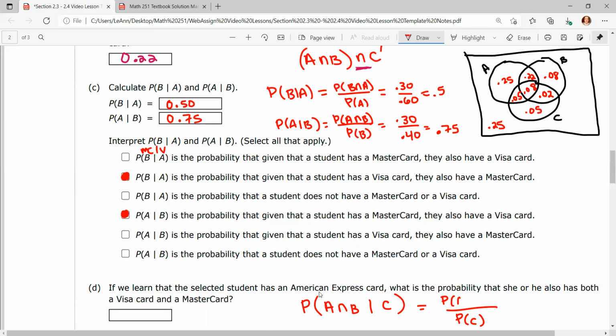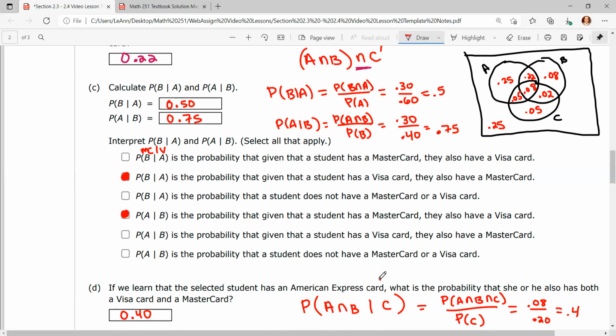So that ends up being the intersection of all three. The intersection of all three was 0.08. Being in group C was, let's see, that's 10 and 10, so that's 20, so 0.20. And that divides to 0.4. So this one would be 40% or 0.40.